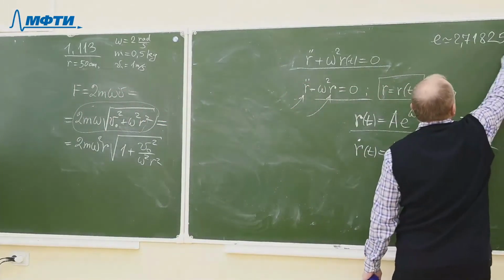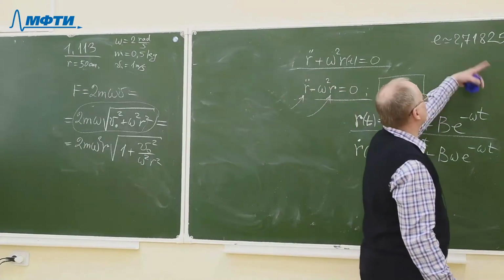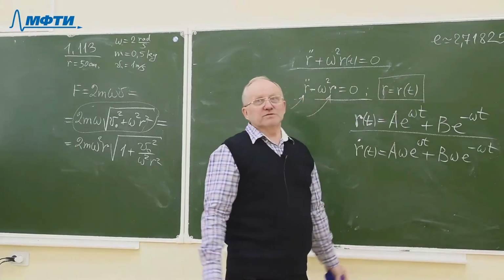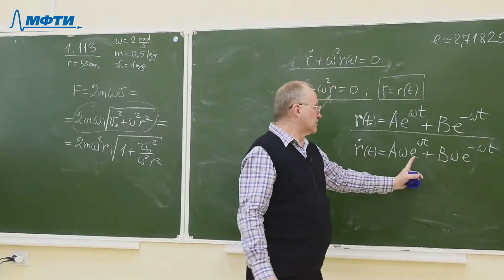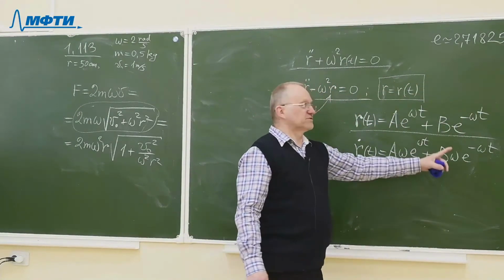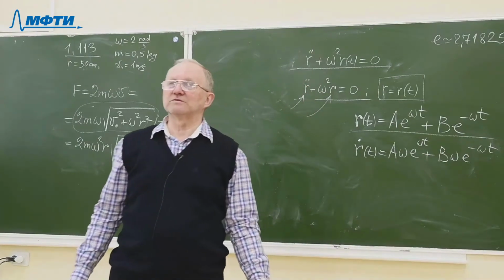Well, it's a transcendental number. Why is it so important in physics? Why is this particular number so important and it should be taken to the power of something? Do you know the secret why this number is so important?